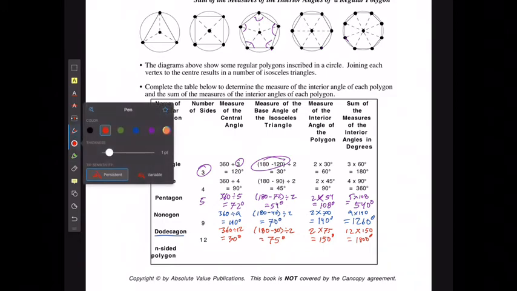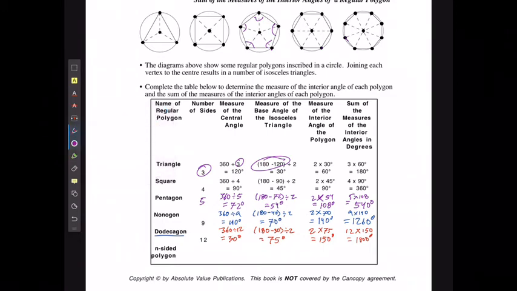So using all this, we're going to solve with our deductive reasoning for how we could solve for any side. If I take 360 divided by n, that's easy, it's just 360 over n.